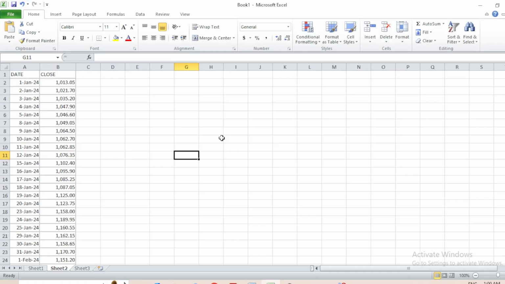Those people who are aware of the stock market could recognize that there are 3 averages we use to predict stock prices in the future. These are the 20 days moving average, 50 days moving average and 200 days moving average.